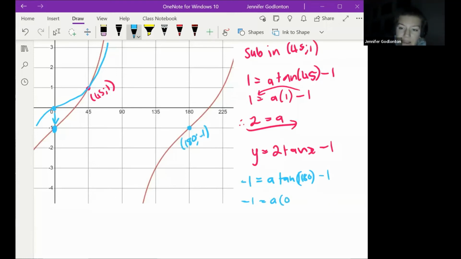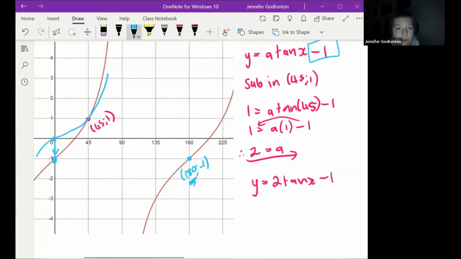So I get a times 0 minus 1. Now the problem here is that 0 times a is 0, and so it just falls away. We don't actually work out what our a value is. So we want to avoid using the 180s because tan of 180 is going to give us 0, the same way as when we try to avoid using tan of 0. That's what happens when we use 180 and -1.